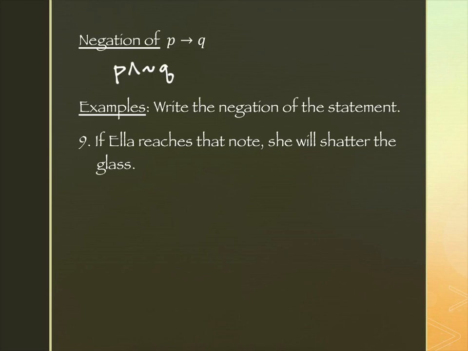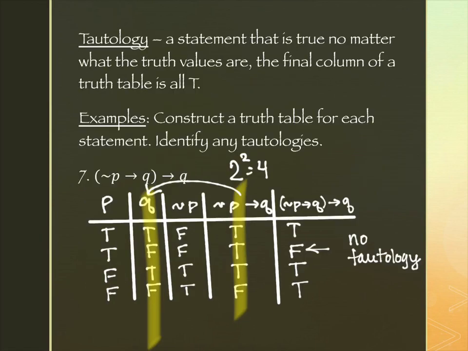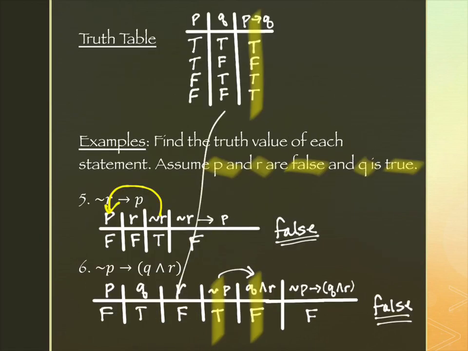If my daughter does not come home, then I will call her. The logical opposite of that would be my daughter does not come home and I don't call her. It's that second line of the truth table. This one right here. This is the logical opposite, the thing that absolutely becomes false.